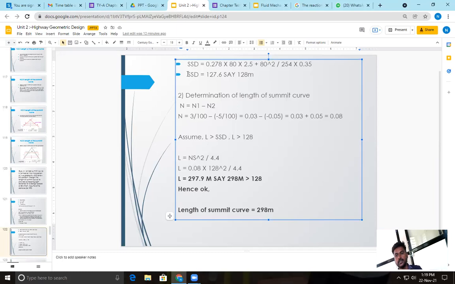Another student says 127.59. Very good, same answer. If you have not got the same answer, please see where you went wrong.